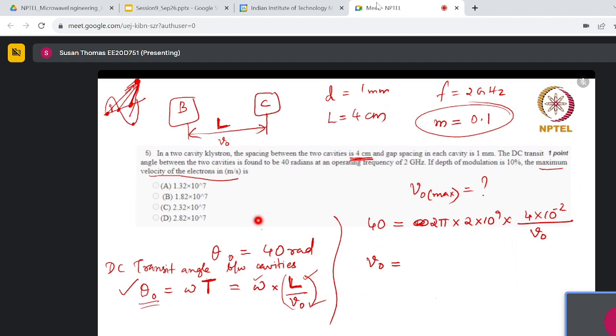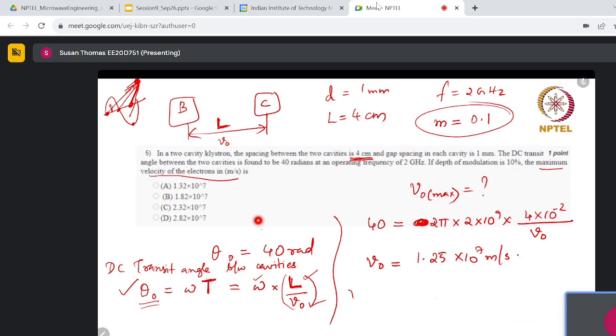We are evaluating V naught, which is the electron velocity leaving the cathode. Can you quickly calculate V naught and let me know? Yes. So the answer will be 1.25 into 10 power 7 meter per second.